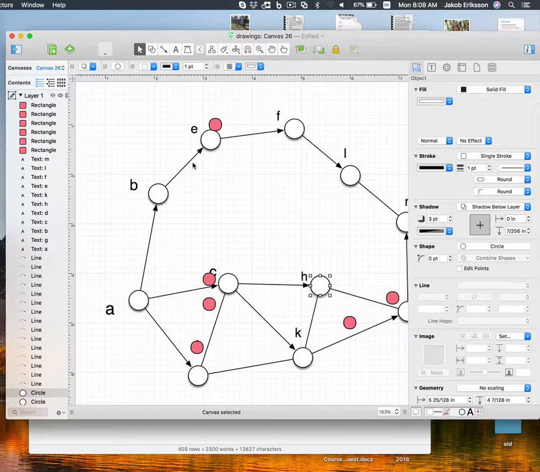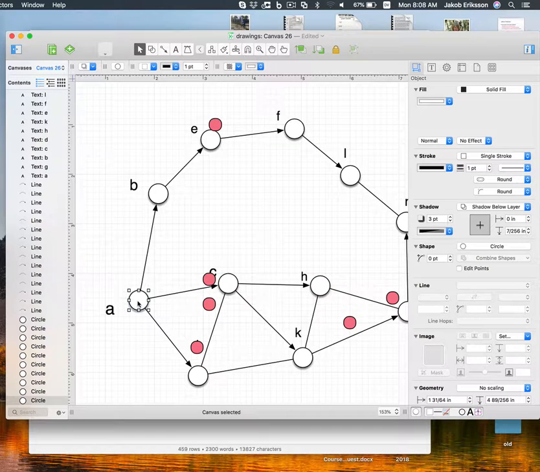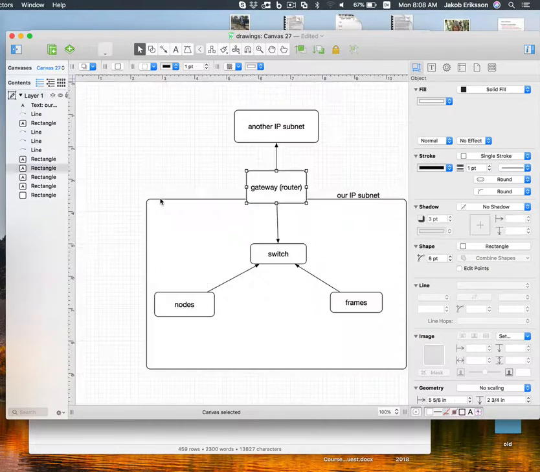But we could talk about these identifiers as IP prefixes instead. So for IP prefix B, there's a link between IP prefix A and IP prefix B. That's a way we could think about it.